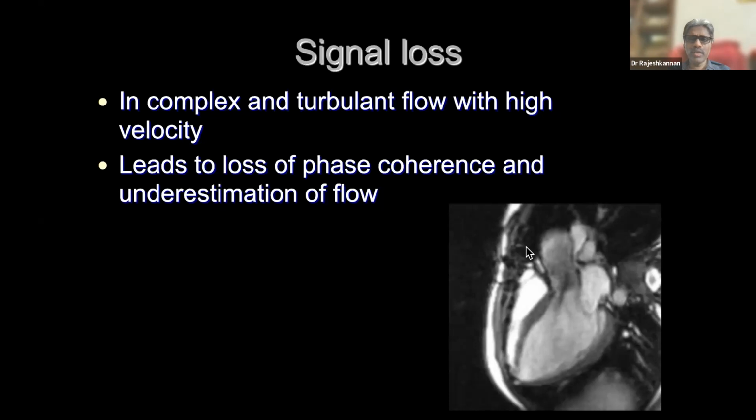Also, we try to avoid areas where there is too much flow turbulence, and where there is a grossly dilated vessel. In that case, you can try to use other structures. For example, if the MPA is grossly dilated, then you can use the RPA and LPA flow separately. Take the flow at the RPA and the flow at the LPA separately, then add them together, and you can get the total pulmonary blood flow.